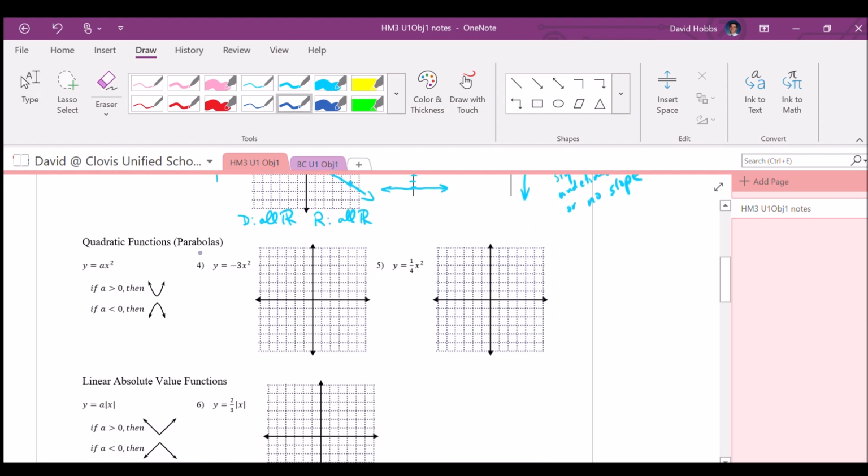The quadratic functions, parabolas, y equals ax squared. If the a is positive, it's a parabola opening up. If the a is negative, it's a parabola opening down. Y equals -3x squared. So right now, we haven't shifted anything. If I plug in a 0 for x, I get 0 for the y.